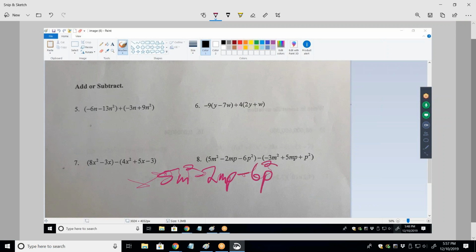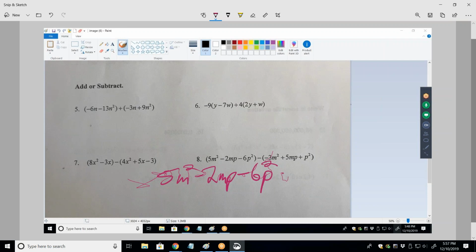Now remove the second set of parentheses. When two things are being subtracted, you almost always have to do a lot to the second set. So what do I have? You're going to distribute the negative sign throughout.